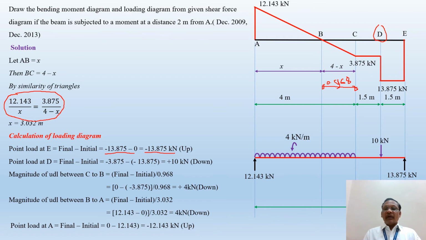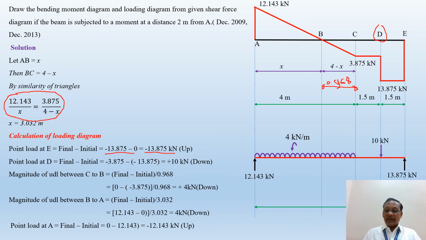Before that, we want to check whether the calculated loads on the beam are correct or not, or whether the shown beam is in equilibrium or not. That means if any bending moment or couple is acting on the beam, it doesn't show in the shear force diagram.